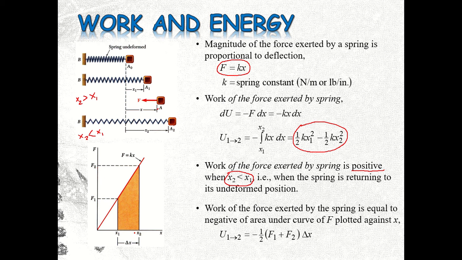Then this is the displacement now, x2. All right. So this is the graph of the equation of the force F equal to kx. So k here is the spring constant. Okay, so this is positive, right? F equal to positive kx. So when you graph this, you will see this graph.